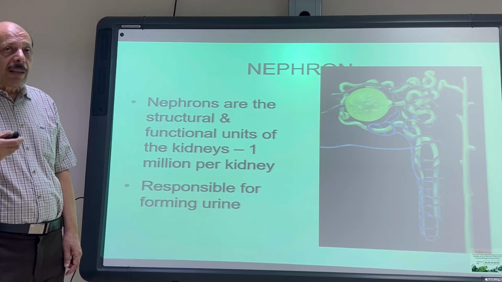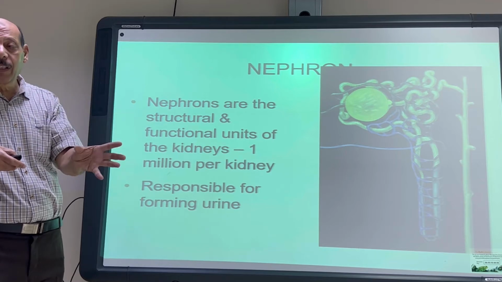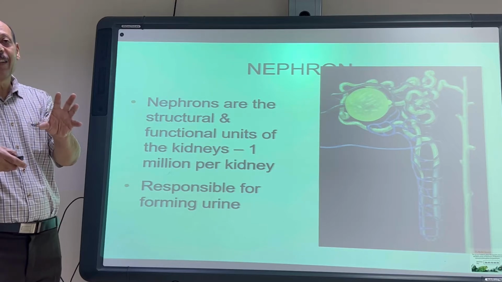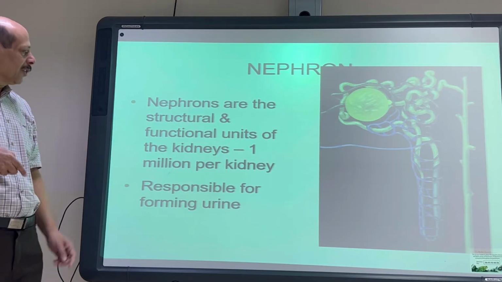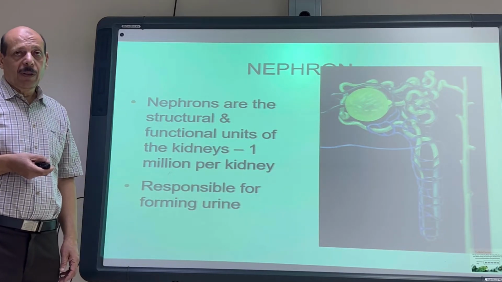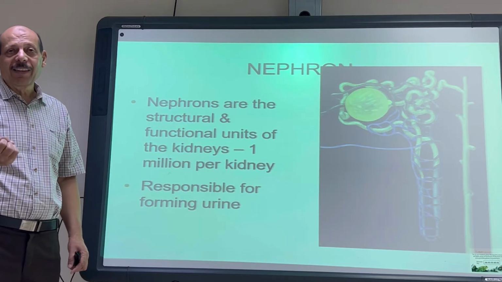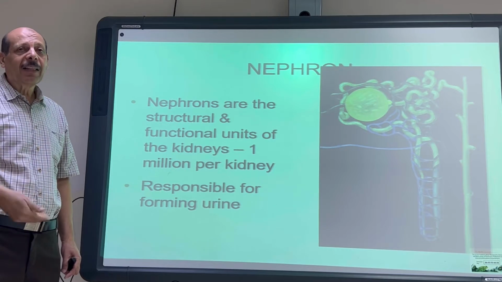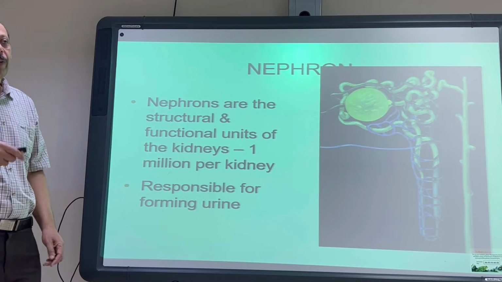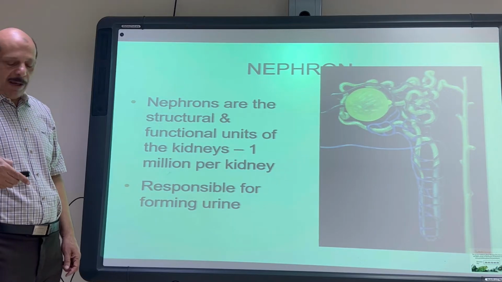It is the main functional unit of the kidney, so all the processes go on inside this unit. It is responsible for the formation of urine, which is the extraction of all waste products from the body and sending them out of the kidney to the ureter, then to the bladder, then outside of the body.